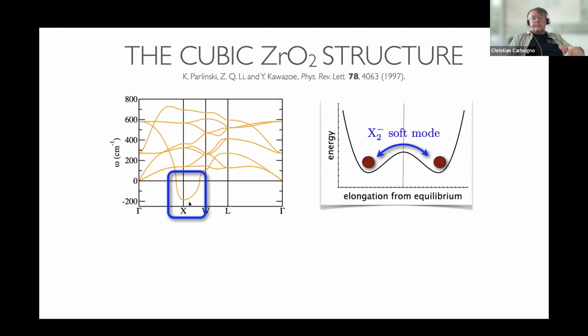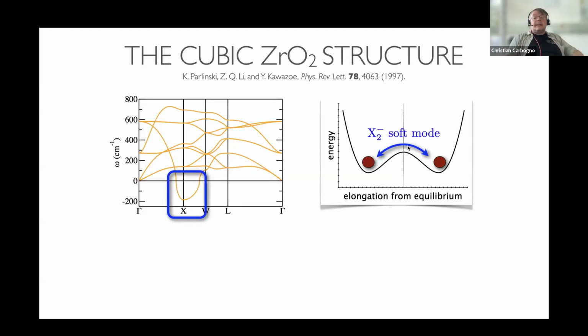This tells you that your actual structure is not even stable. So what you have is essentially an eigenvalue that is negative, and if you take the root out of it to calculate the frequency, you get an imaginary frequency.